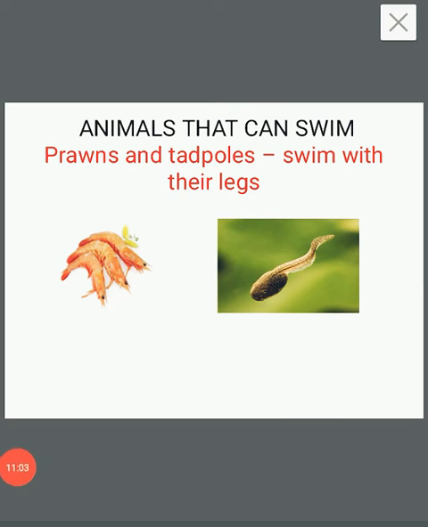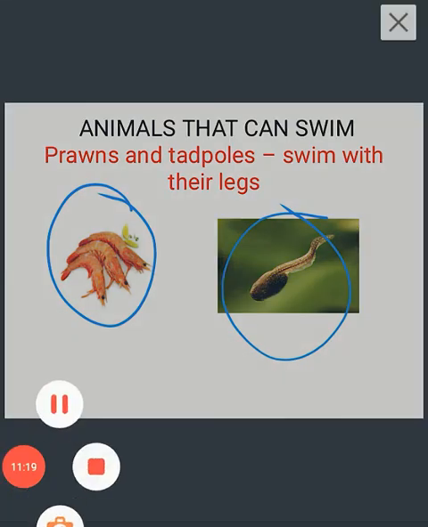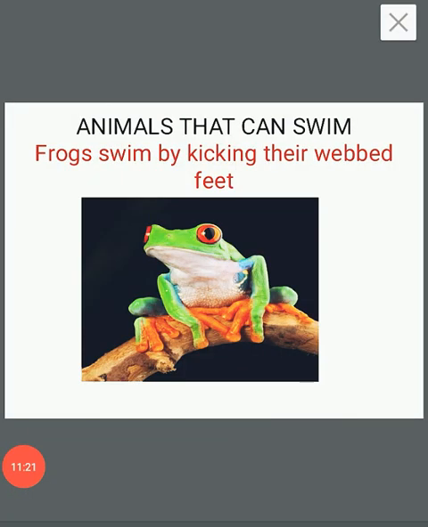Apart from this, we have certain animals which use their legs to swim in water. For example, as you can see, these are the prawns over here and these are the tadpoles over here, and they swim by using their own legs. If you see certain amphibians like the frog, they have webbed feet.